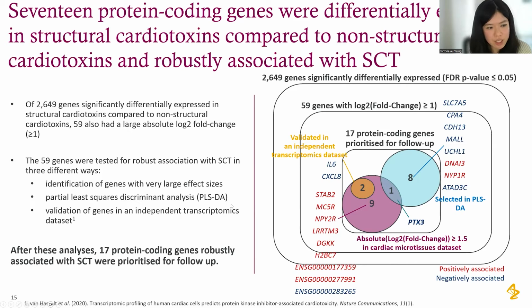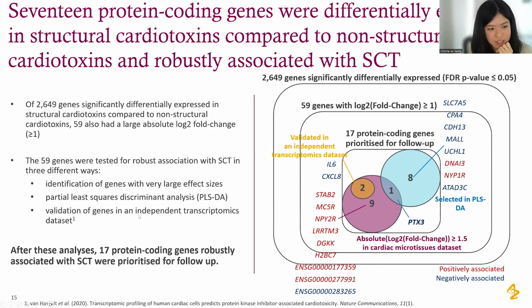We also applied a partial least squares discriminant analysis to the data set to see which of our 59 genes were important for discriminating between toxins and non-toxins. And partial least squares discriminant analysis is essentially a variant of PCA. It's a bit of an oversimplification, but just to keep it simple.